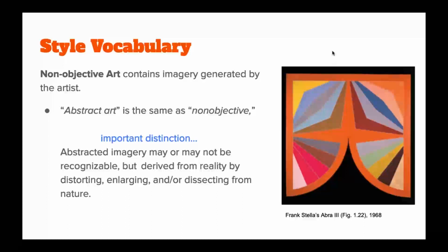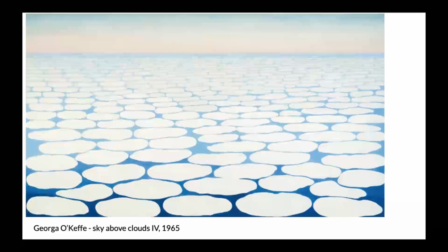He's making paintings of strange shapes and strange color contrasts that make your eyes spaz out a little, and it creates a strange effect for the viewer. So it's a very important distinction between abstract art and non-objective art, right? Abstracted imagery may not be recognizable, but it is derived from reality by distorting, whereas non-objective art is not.